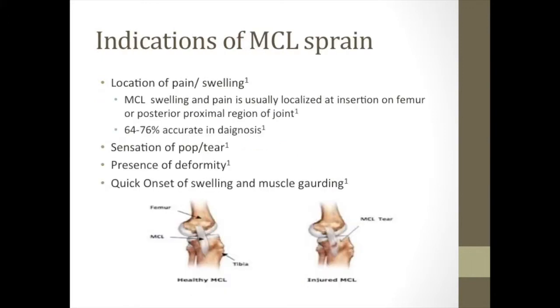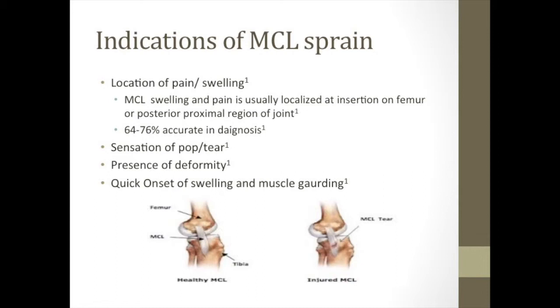Alright, so indications of MCL sprain. What you want to look for, first of all, is location of the pain and swelling. MCL swelling and pain is typically localized at the insertion of the MCL on the femur or posterior proximal region of the joint.